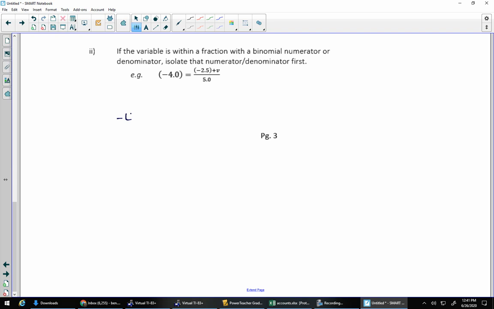So I got negative 4.0 is equal to negative 2.5 plus v over 5. Now here's the thing that we've got here. This line says it's 2.5 plus v, and then that entire thing is being divided by 5. So everything on top of that line is being divided by 5.